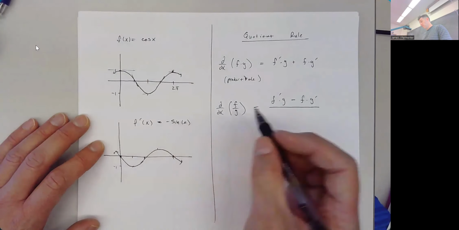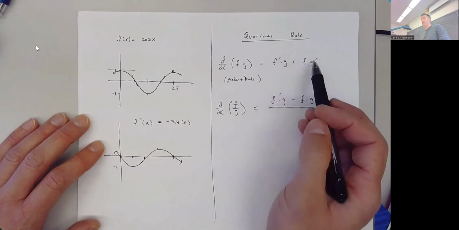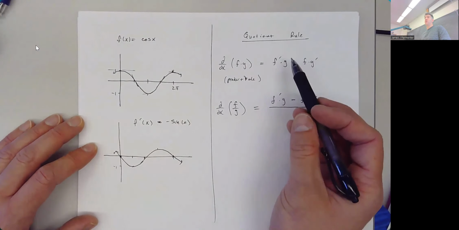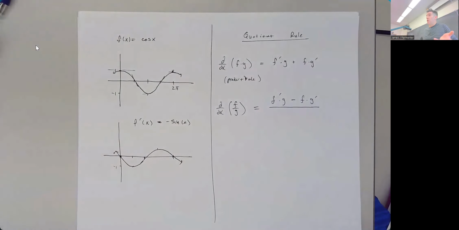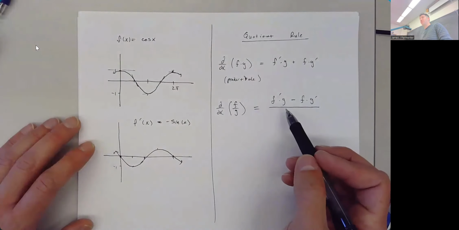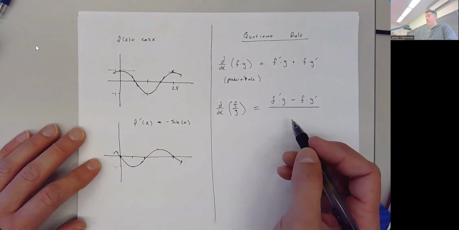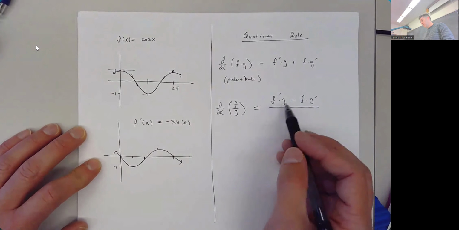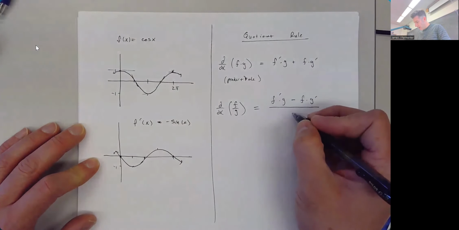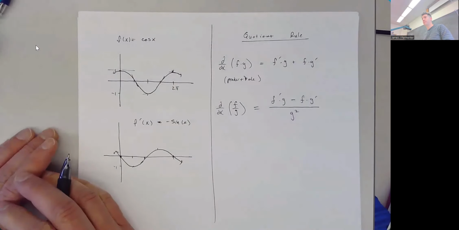And so whereas the order in the product rule doesn't matter, right? It doesn't matter if you do 2 plus 5 or 5 plus 2, you get the same result. The order in the quotient rule definitely matters. 5 minus 2 is different than 2 minus 5. So you have to make sure you get the things right here. And then we divide by denominator squared.